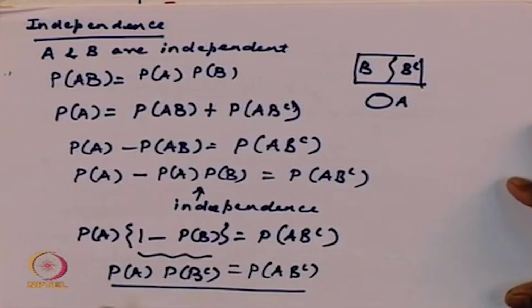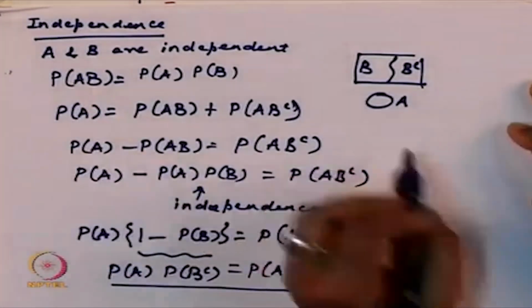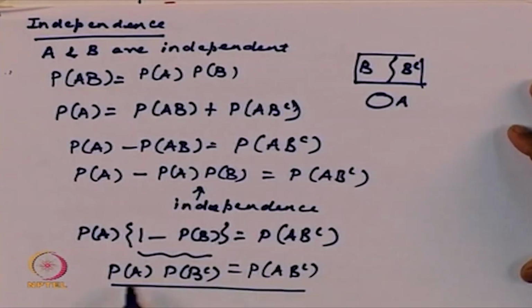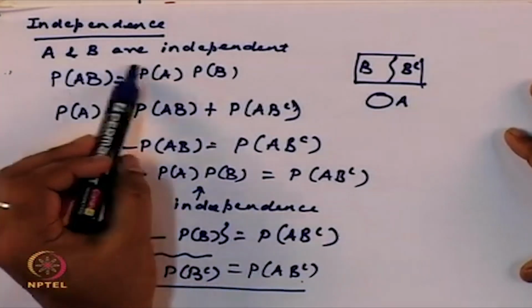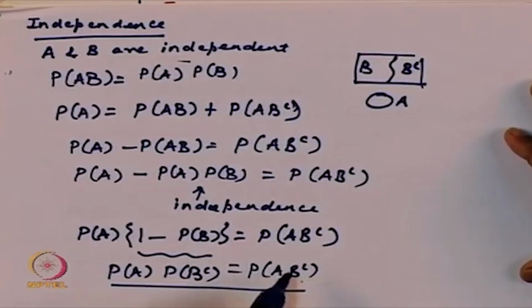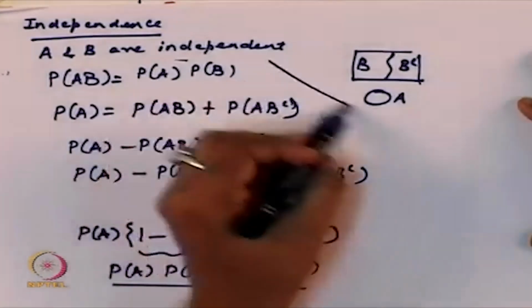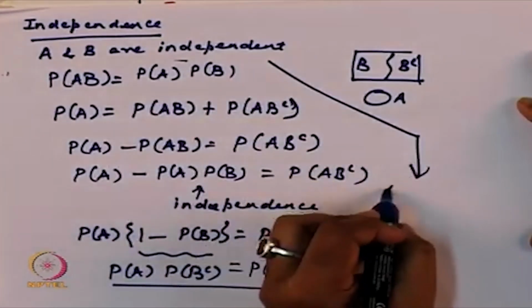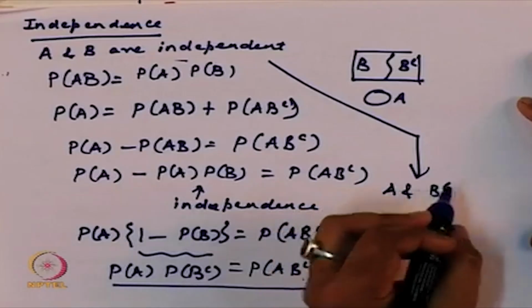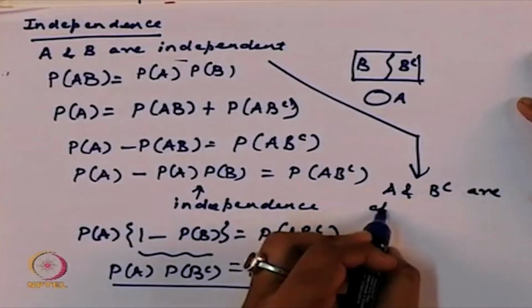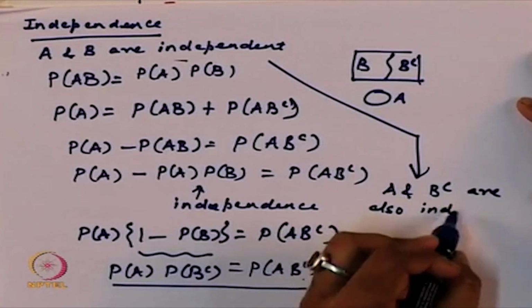What this tells you is that if A and B are independent, the probability of A and B complement is equal to the probability of A into the probability of B complement. So if A and B are independent, A and B complement are also independent.